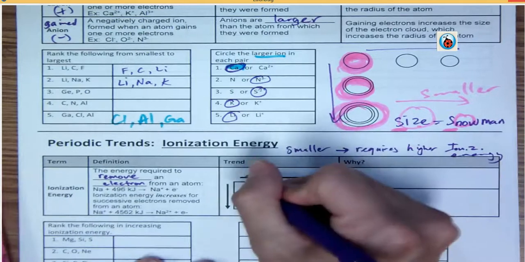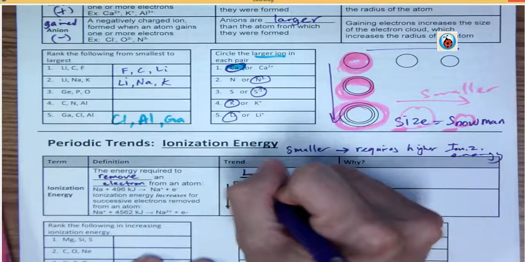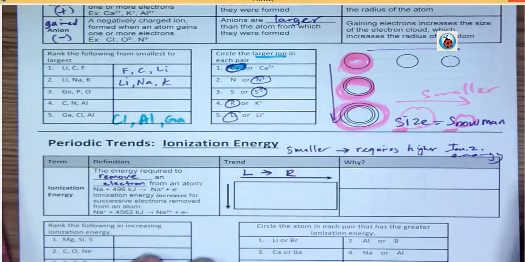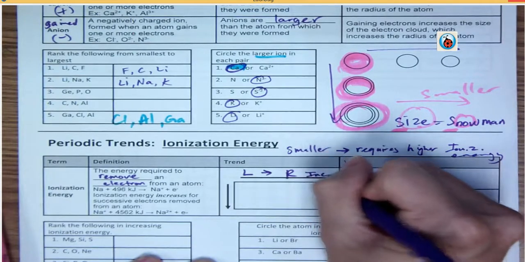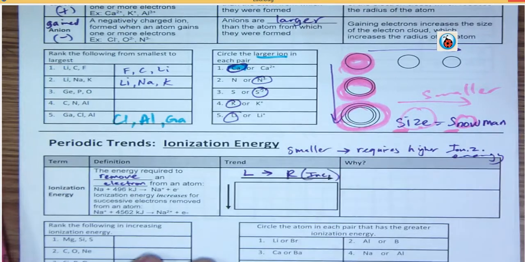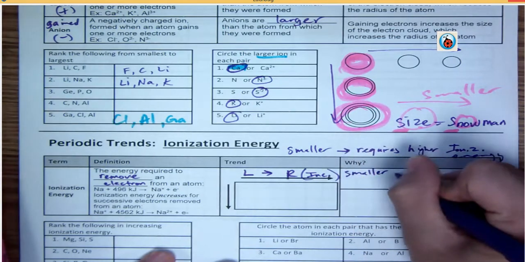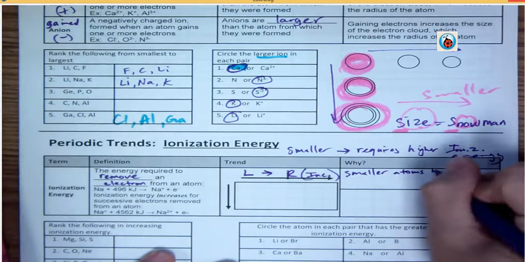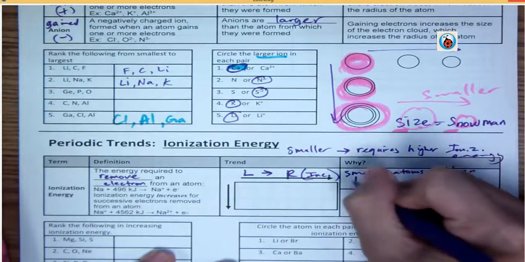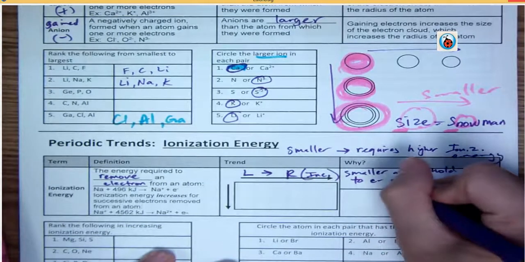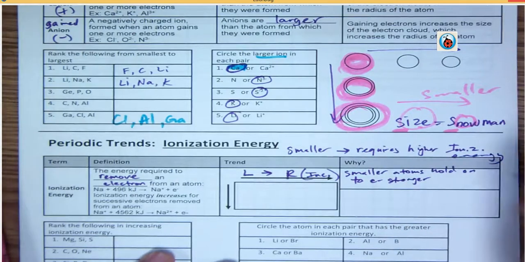So it's the opposite. So from left to right, ionization energy increases. It requires more energy to remove because they're smaller, they hold on to it tight. So smaller, why? Smaller atoms hold on to electrons stronger because they're closer.